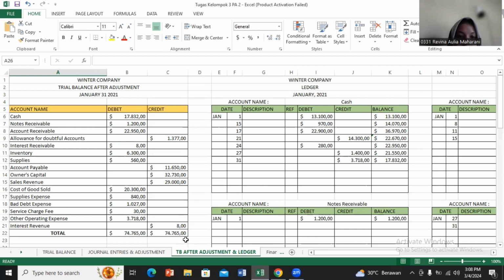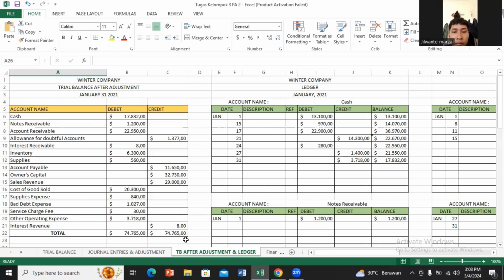Interest receivable in debit $8. Inventory in debit $6,300. Supplies in debit $560. Account payable in credit $11,650.